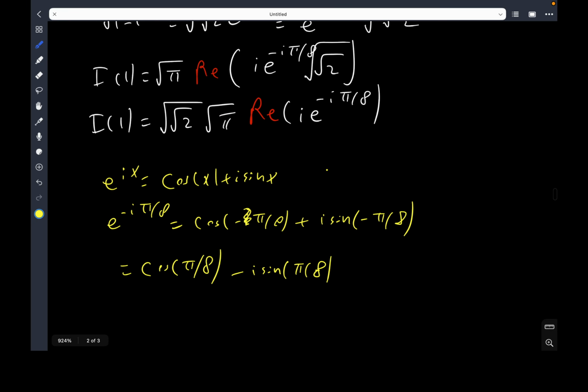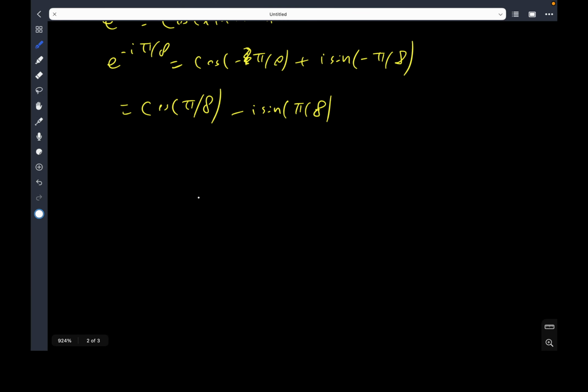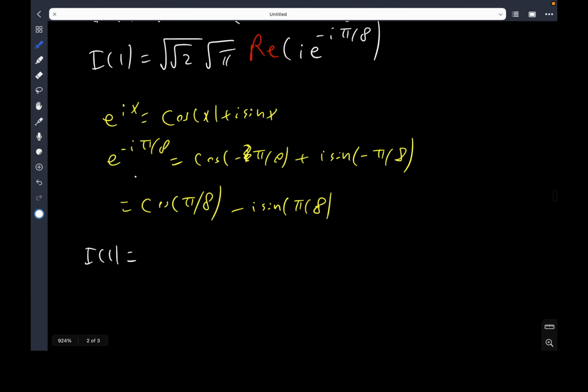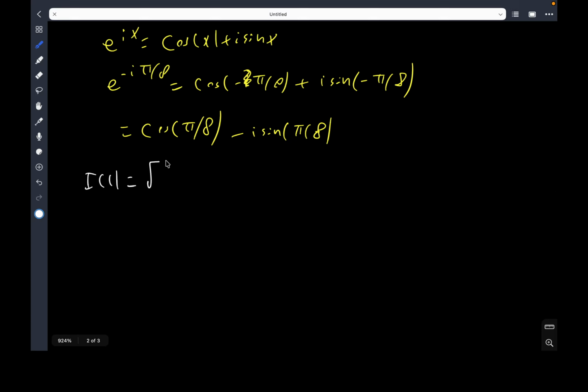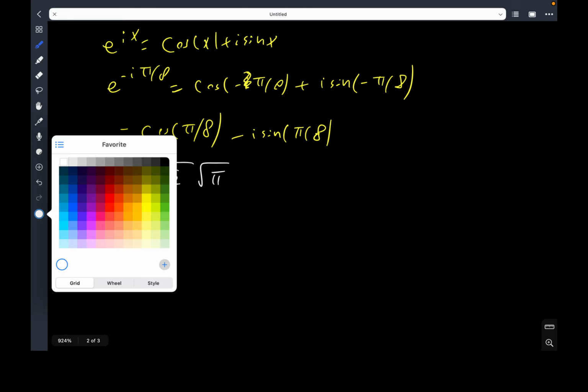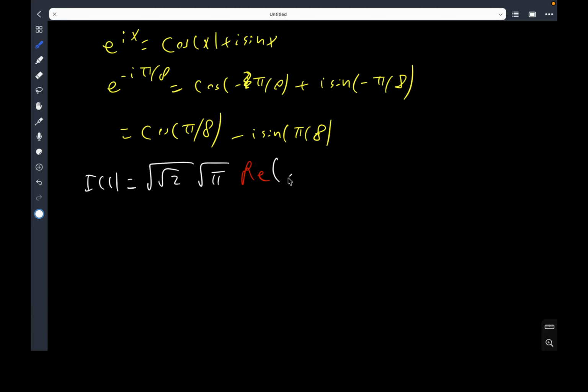And if I plug it back in, I'll have I of 1 equal to root of root 2 root pi, the real part of i multiplied by cosine of pi over 8 minus i sine pi over 8.